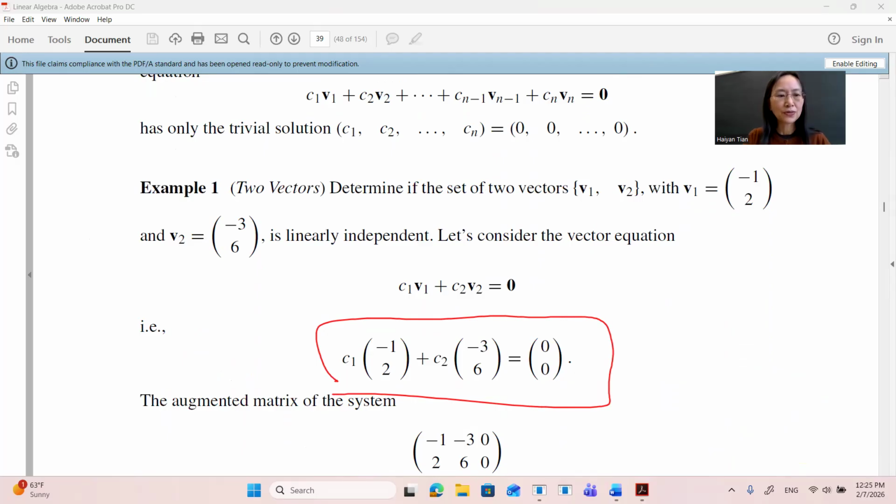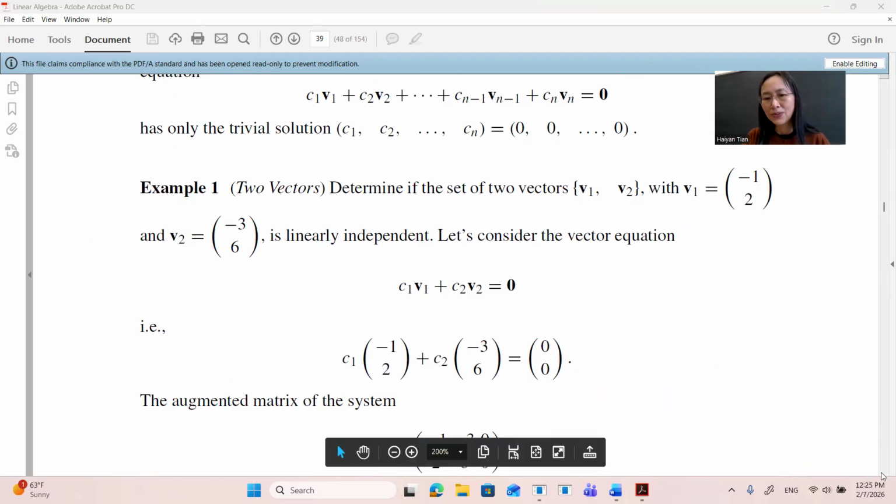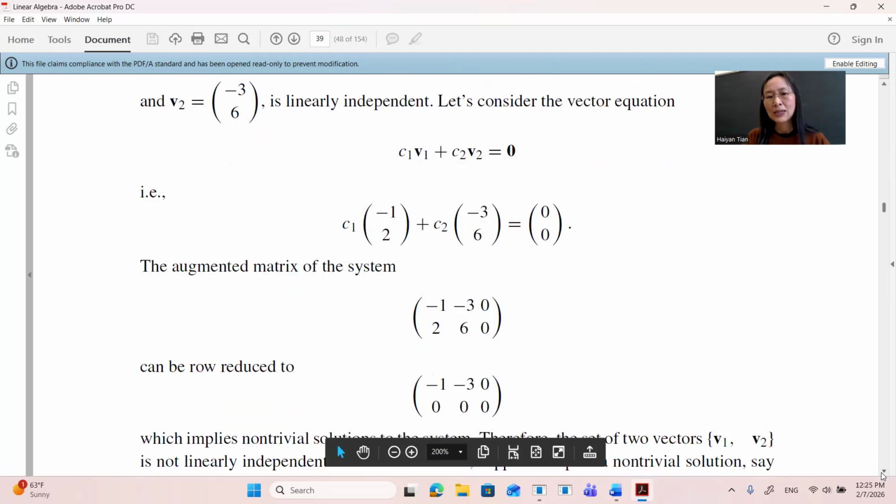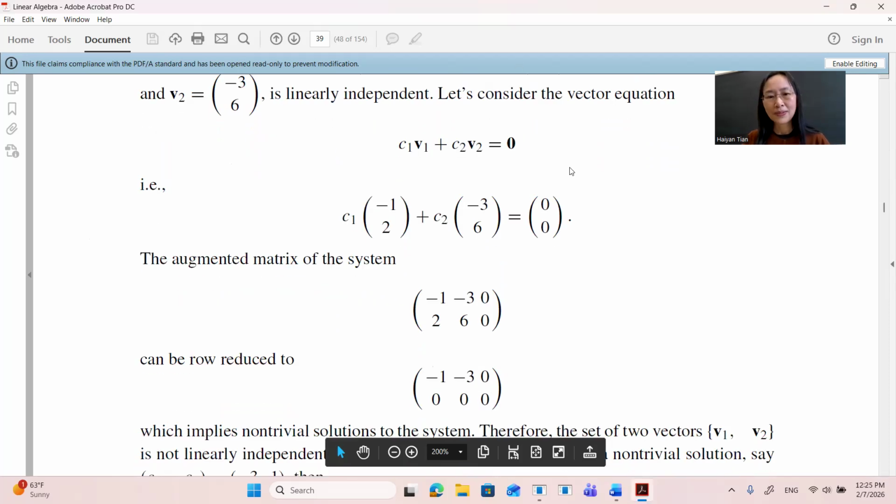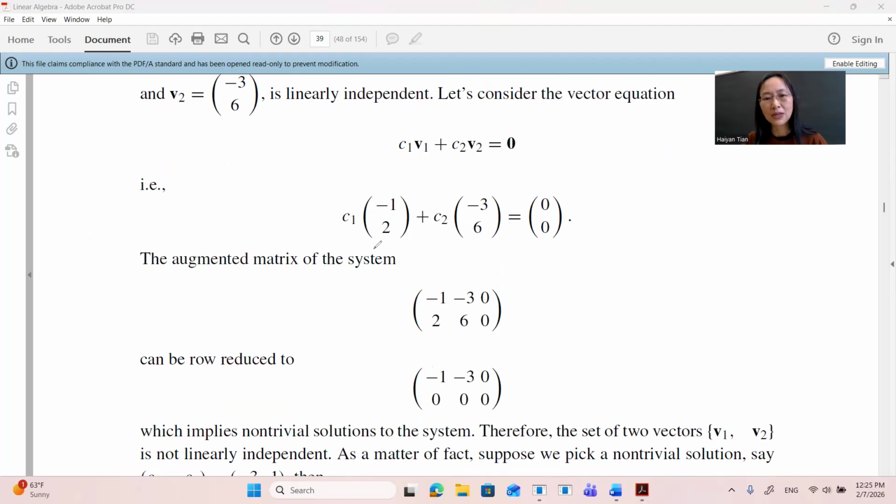You can also try to solve it. Sometimes you do not immediately see whether there's a non-trivial solution or not. So we can just use our method, the augmented matrix for the homogeneous system. If you reduce it to this form, this implies that we have a free variable, right?